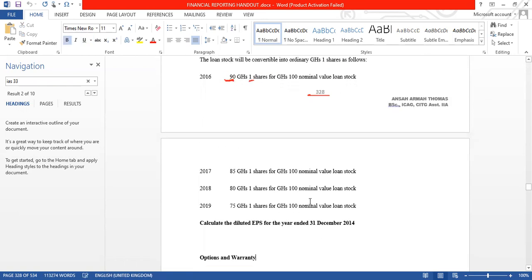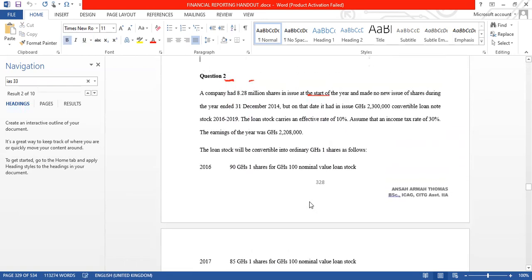In the same way as question 2, the same thing happens here. You ask yourself, at what point would they go for the issue? Which one will give them the highest number of ordinary shares?